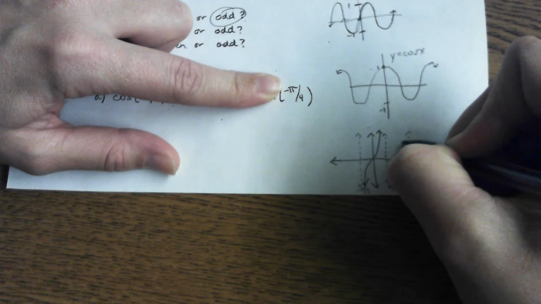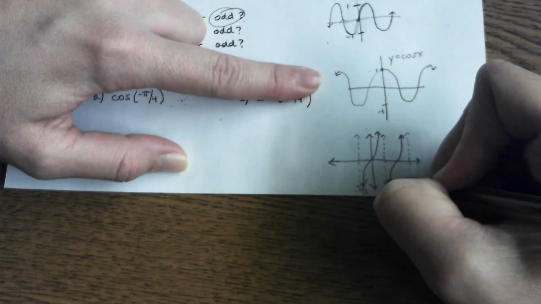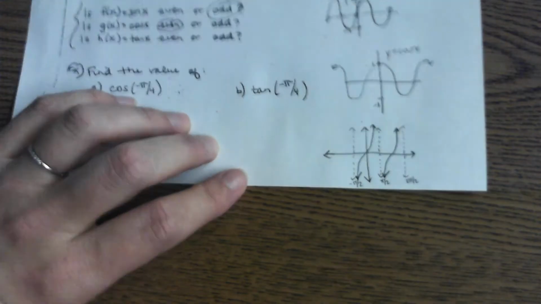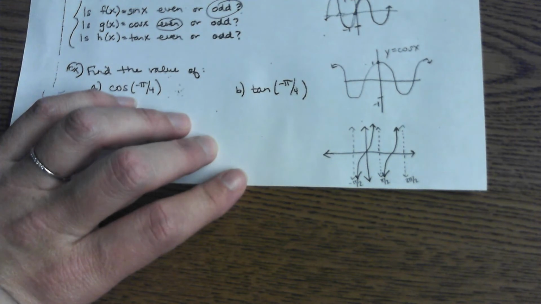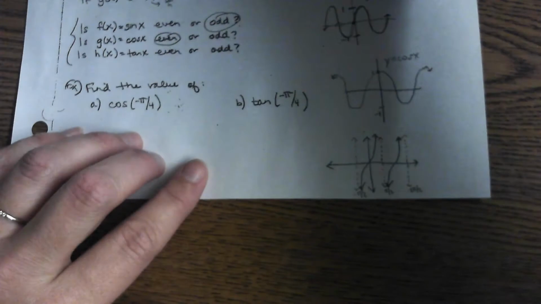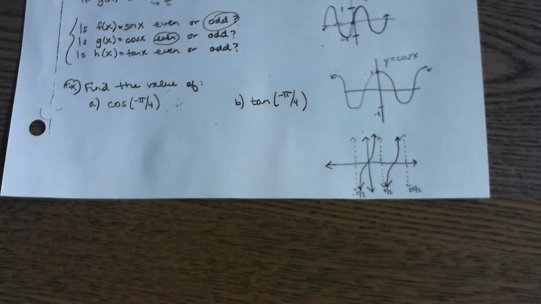I would think you at least saw or were exposed to them a couple times. Does that look familiar to you? We usually just show them to you because we know that they're important moving forward. And that pattern is just going to repeat.